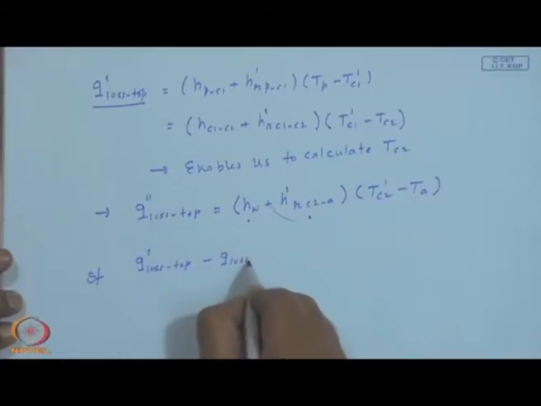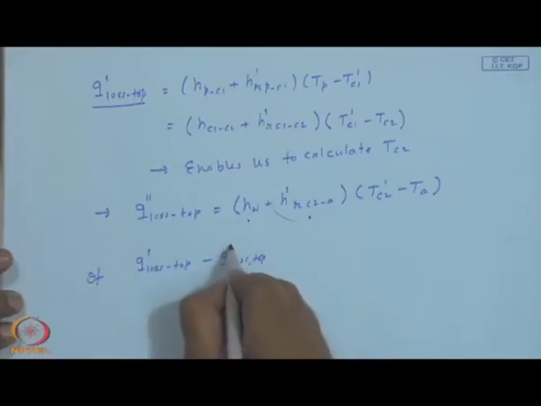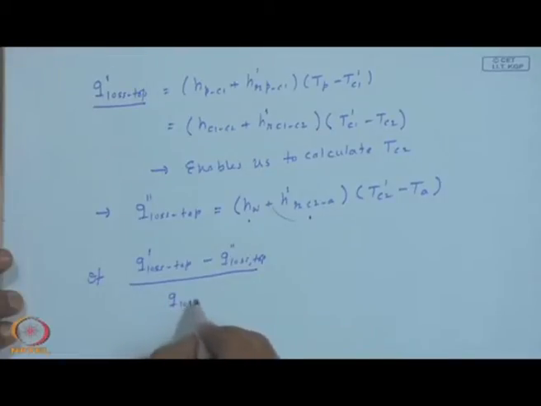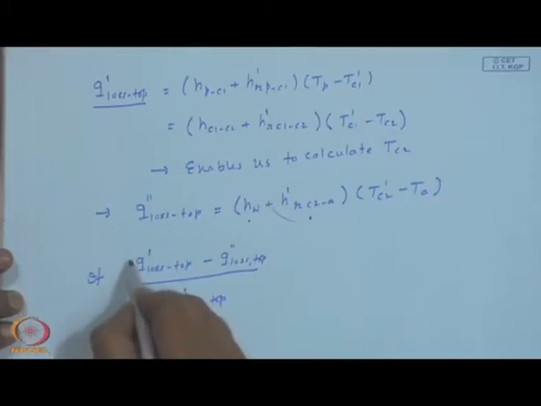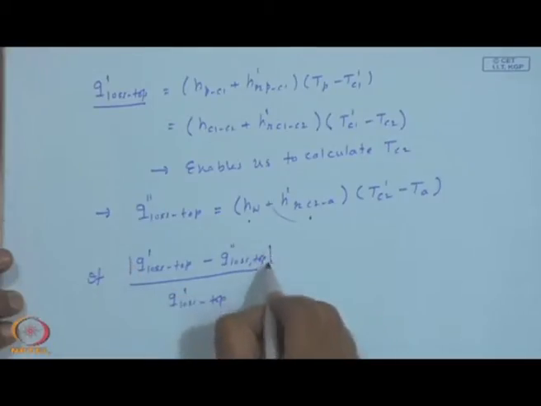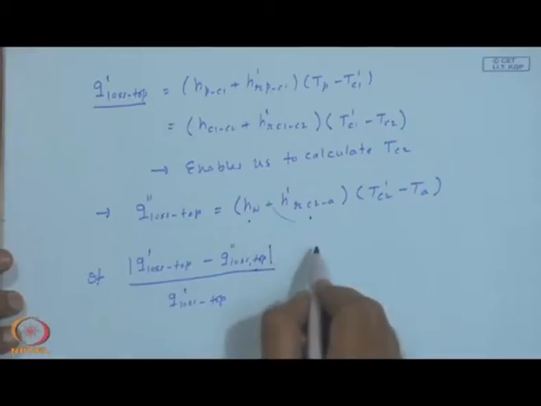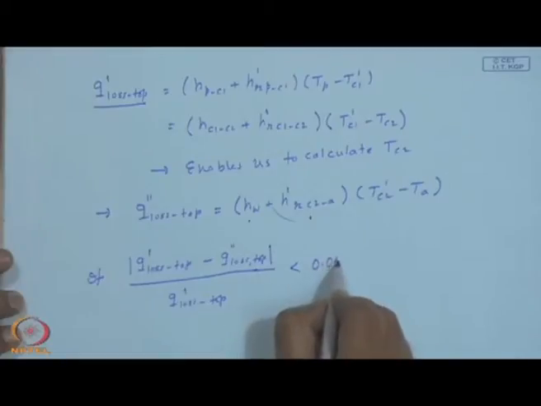Q loss top 2, by any one of them, in fact it does not matter when they converge. Here I put a modulus sign, so that we really do not know whether Q loss top 2 is higher or less, but our idea is, let us say this should be less than 0.05.